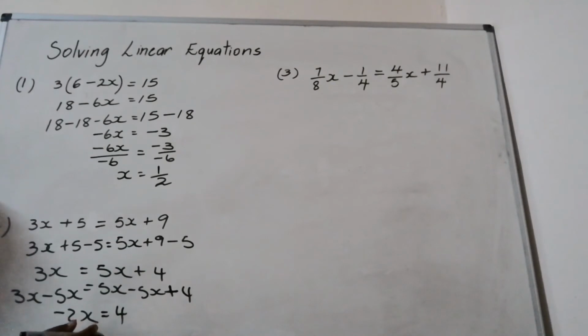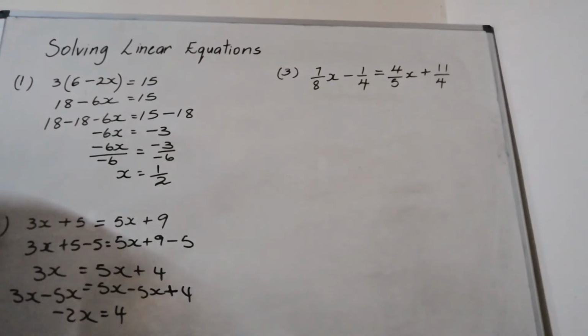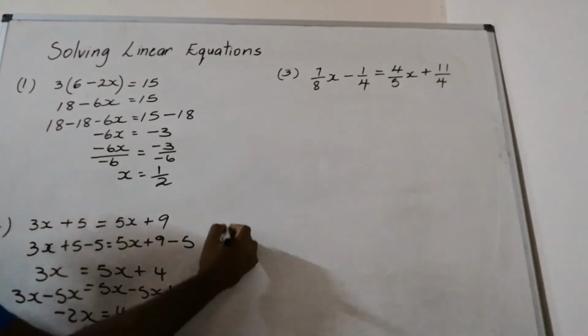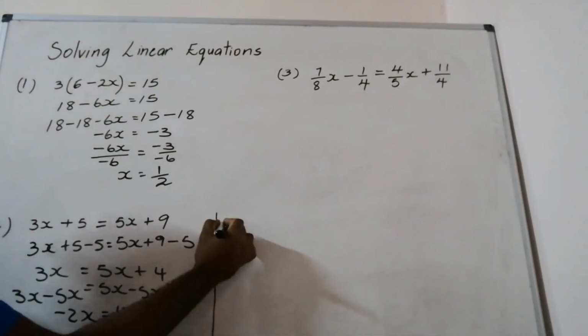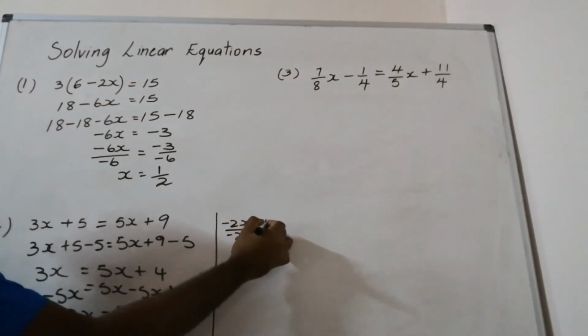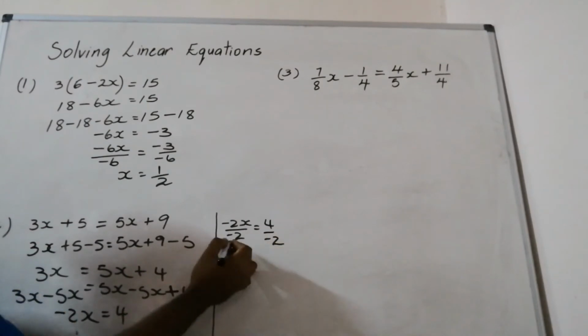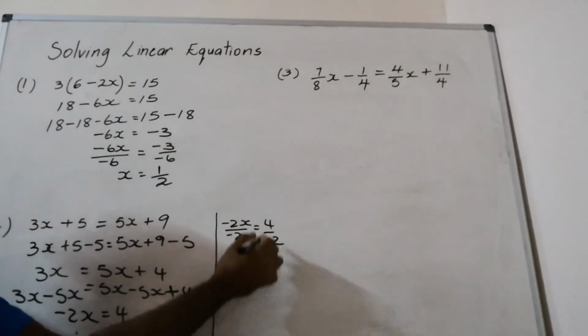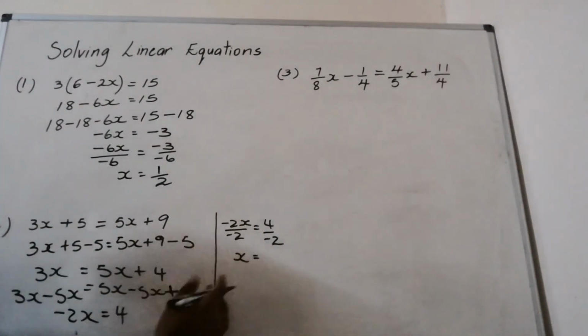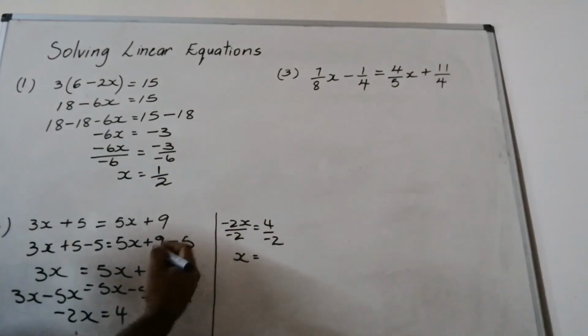So next, what we do is get rid of our 2. Since the 2 is multiplying here, we go ahead and we divide. So negative 2x divided by negative 2 is equal to 4 divided by negative 2, which will give us x. 4 divided by negative 2, since it's a positive dividing a negative, our answer will be a negative.